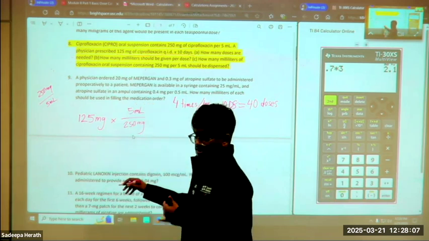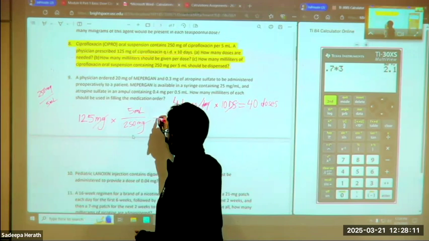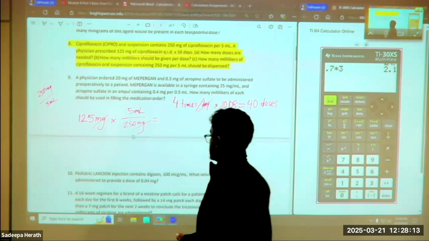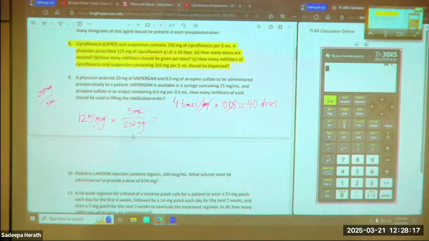So why do we do that? It's to cancel out the milligrams and end up with ml. You put what you want to end up with on top. So calculation-wise, 125 times 5 divided by 250 is 2.5 ml.